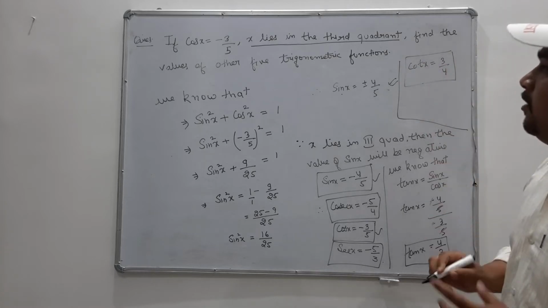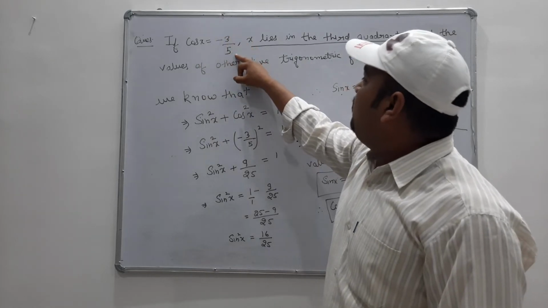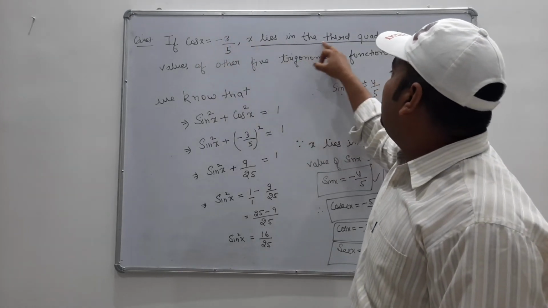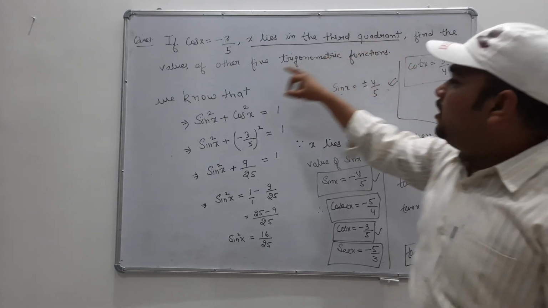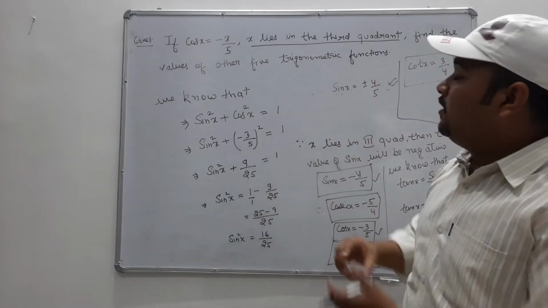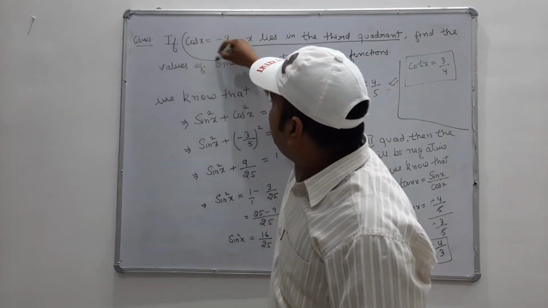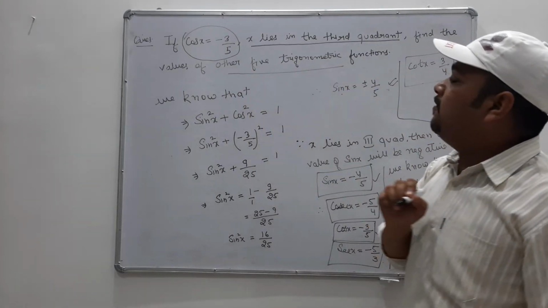In question, cos x is equal to minus 3 upon 5. x lies in the third quadrant and we have to find the values of other 5 trigonometric functions. One trigonometrical function is given and we have to find the other 5 trigonometric functions.